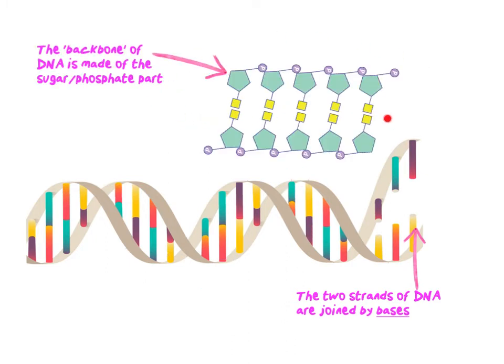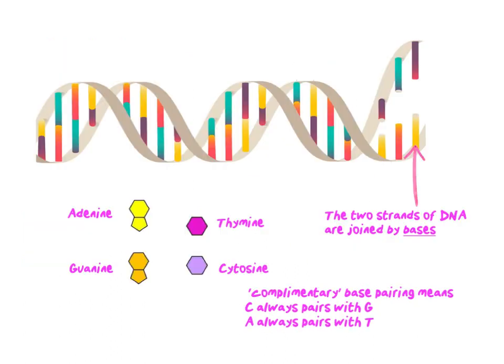Here we can see how the polymer is formed. We have the sugar phosphate backbone, and we have the bases here joining to complementary bases across to join the two strands together. In DNA there are four types of base. There's adenine, thymine, guanine and cytosine. Fortunately, you don't need to know the names.